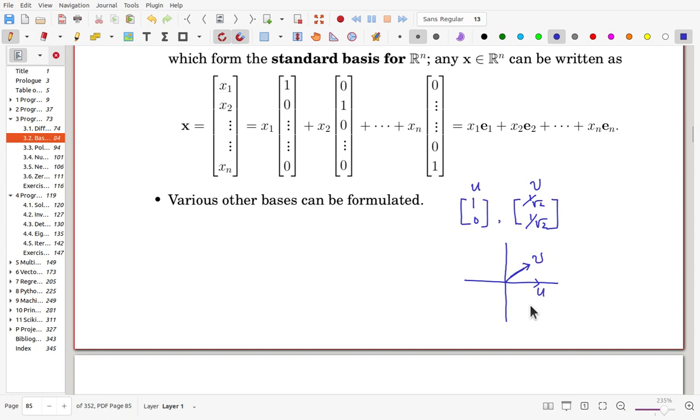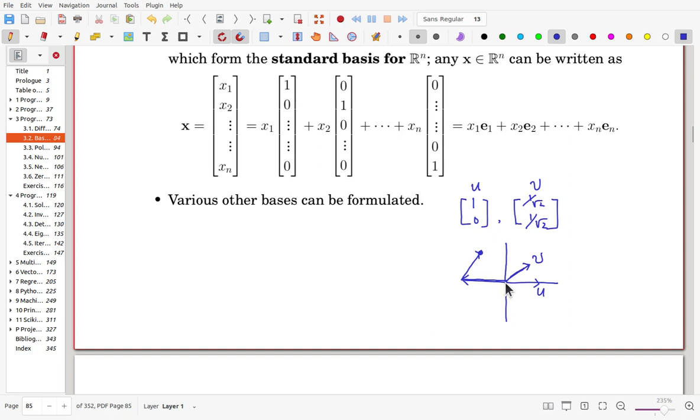These two vectors form a basis, because every point in the plane can be expressed using a linear combination of these two vectors. Here we have two directions. To recheck, you first move in this direction and then move parallel to the other.